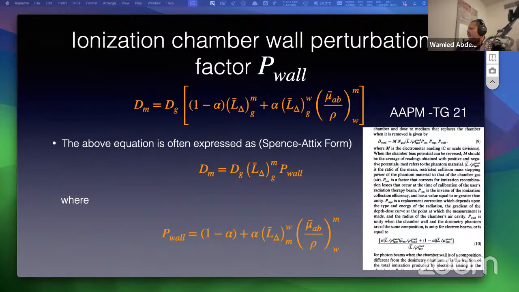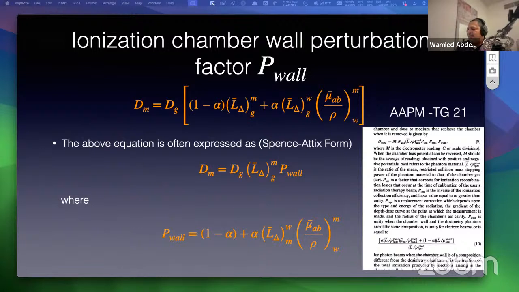And then we will further introduce additional correction factors. Because as I mentioned earlier, a chamber that does not perturb the phantom, I don't think this chamber exists. Up to what we have done so far, we assumed that the presence of the chamber or the cavity does not perturb the fluence in the medium, but this is actually not true.